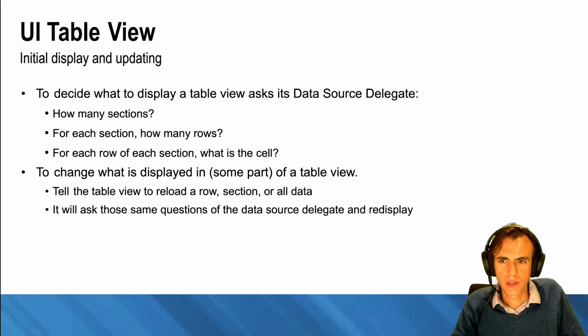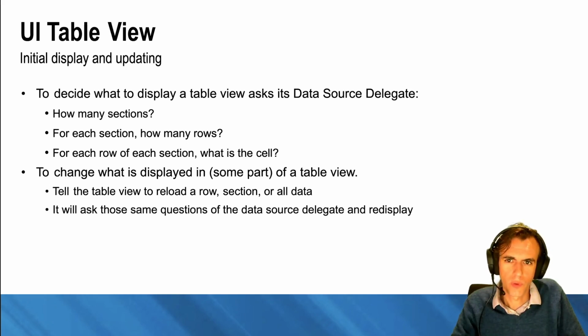One thing that is potentially confusing when you first use table views is that the way that the table view finds out what it should display is done via a delegate relationship with a data source delegate.